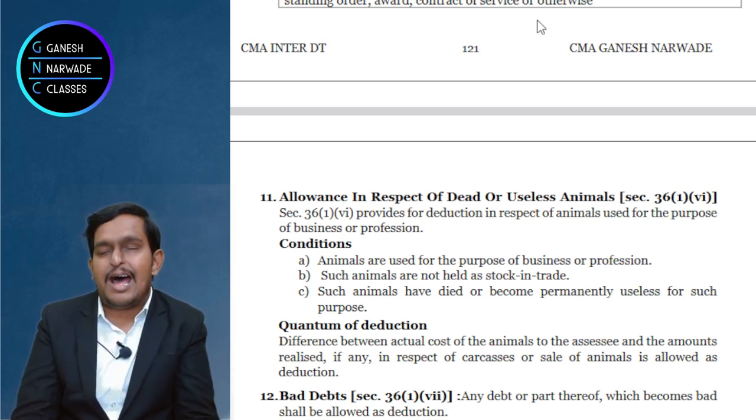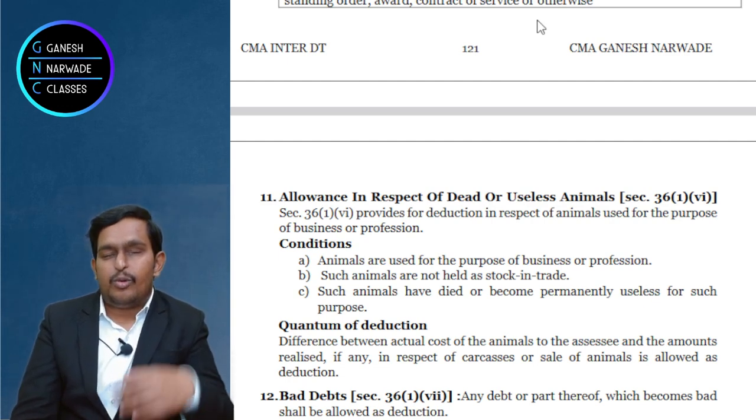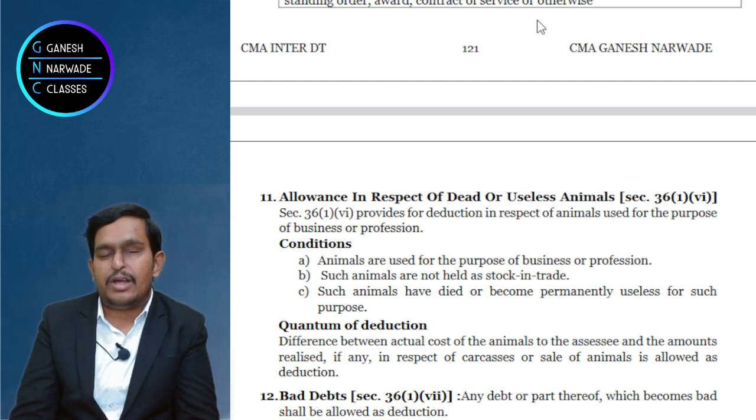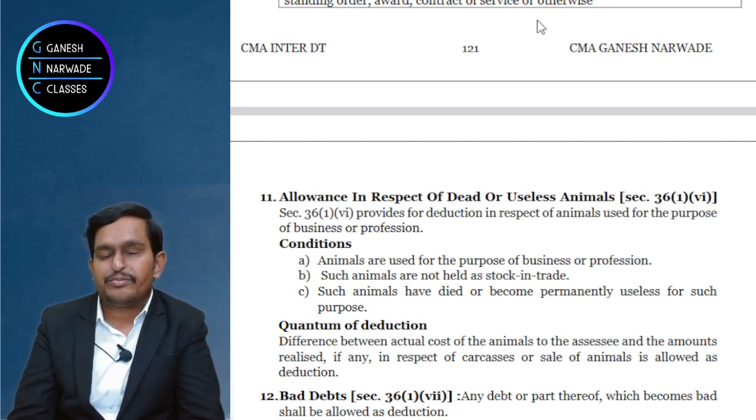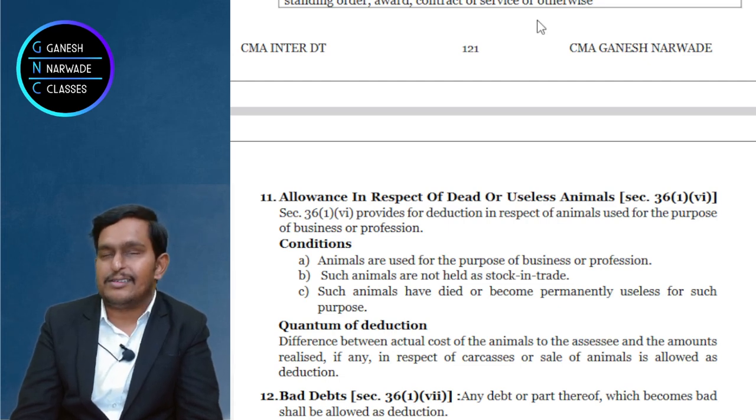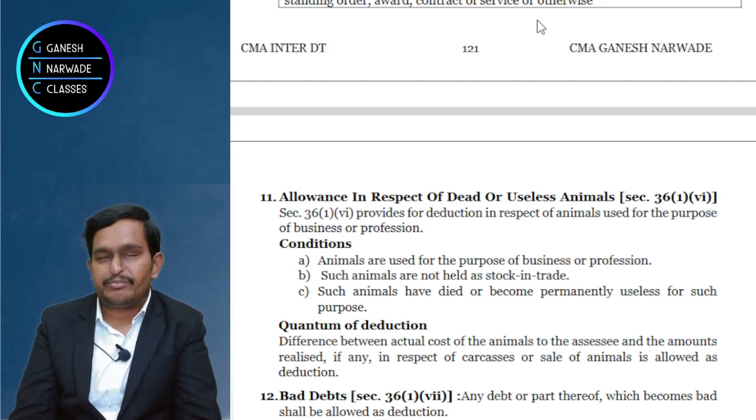But animals are livestock, so over the period of the life of the animal, you cannot claim depreciation under section 32. So when the animal becomes useless, when the animal dies, at that time you claim the deduction.